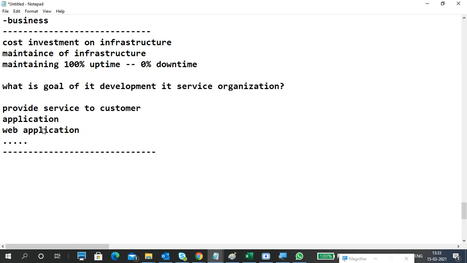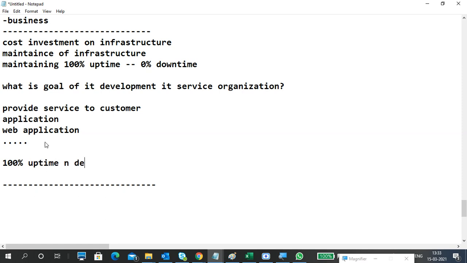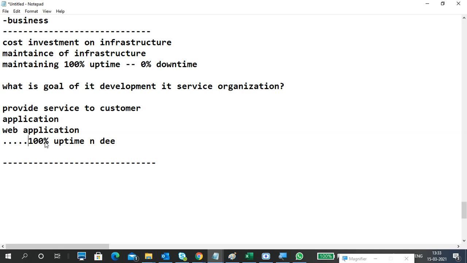So whatever you are developing, whatever services you are doing, you should give the service at 100% uptime and deliver.